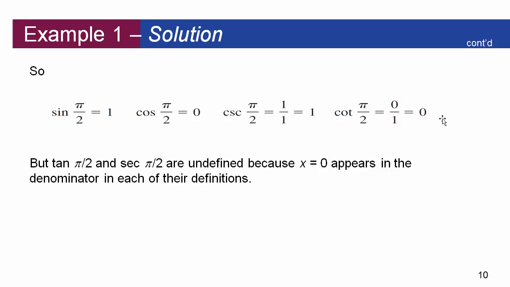We know tangent is sine over cosine, which is also 1 over 0, which is undefined. And then we know cotangent, right, is the reciprocal. It's basically cosine over sine. So you get 0 over 1, which is 0. So we have 4, but the other 2 are undefined because they have zeros in the denominator.